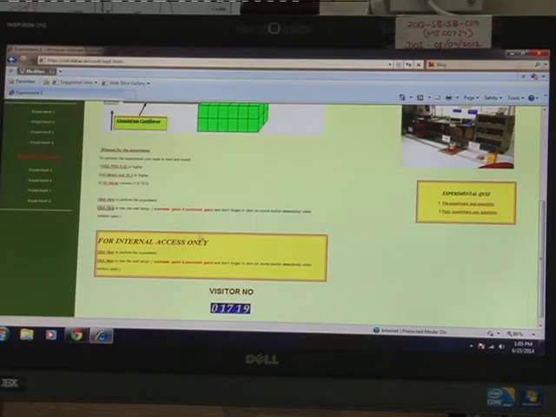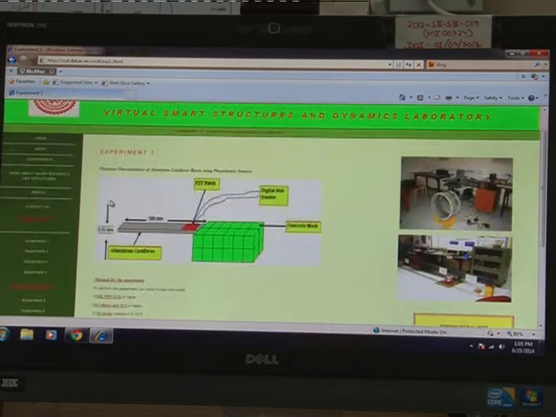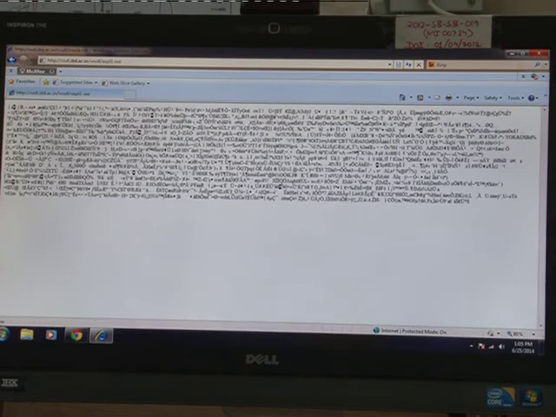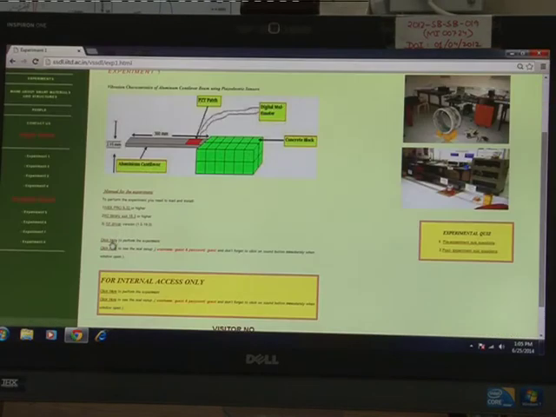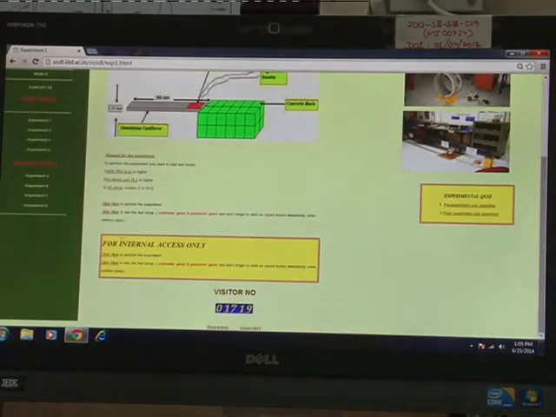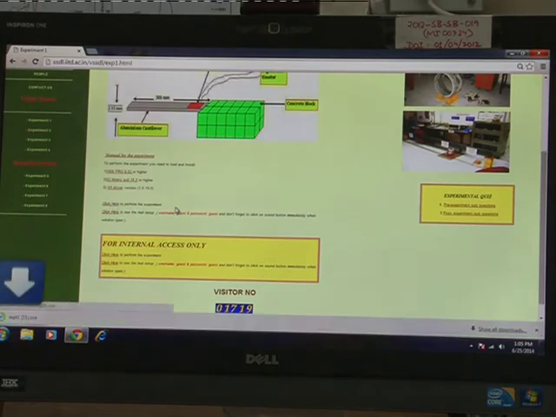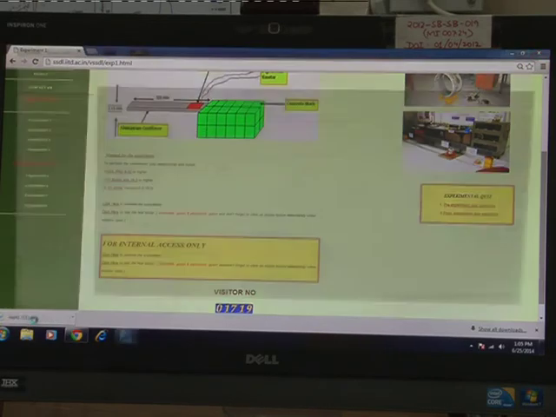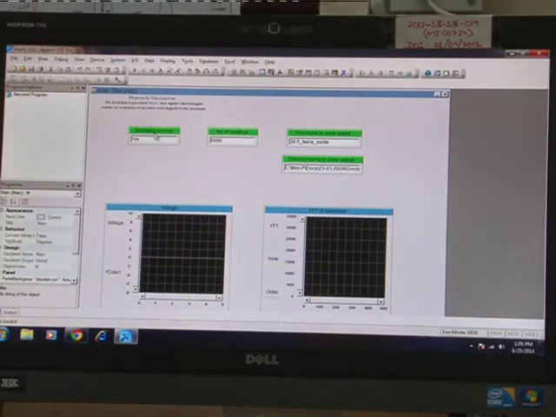Now, we will perform the experiment by clicking this link in experiment 1. To perform the experiment, the user should be using the Chrome browser. When this exe file is downloaded, he can give whatever file name he wants here and change the directory path.